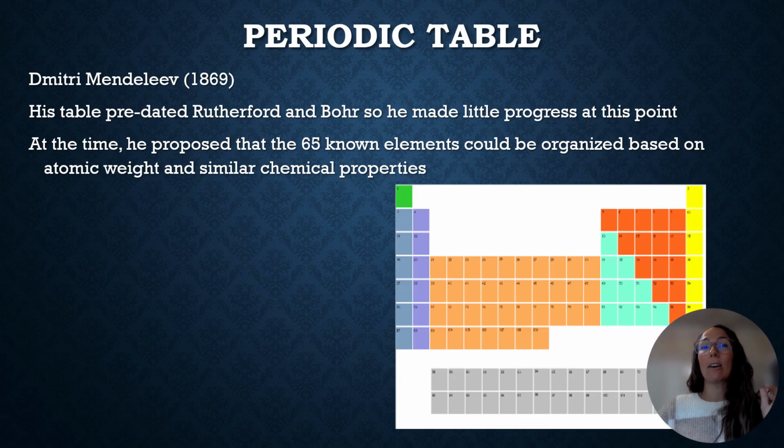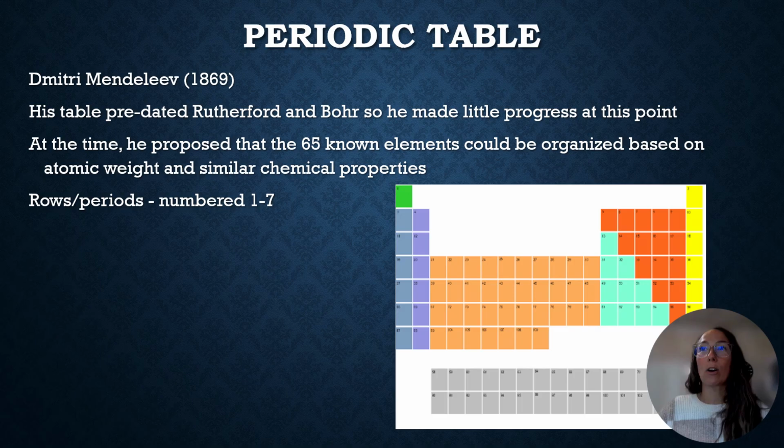Now, the reason he got his name on as the founder of the periodic table is because he made some predictions. He said, I'm so confident about the properties of all of these and all of these, I bet I'm going to make up an element. This is the one, and I bet it's going to have these types of properties. And when that element was discovered, it did have those properties, and so he was famous for that.